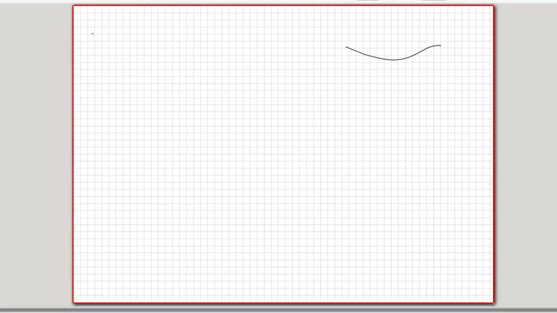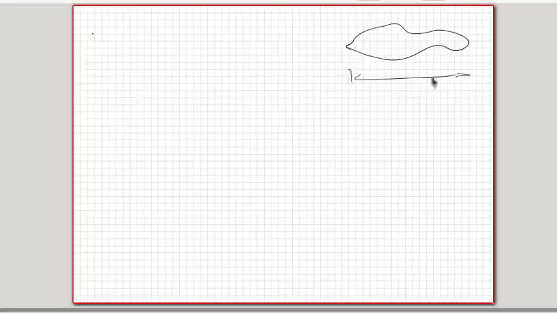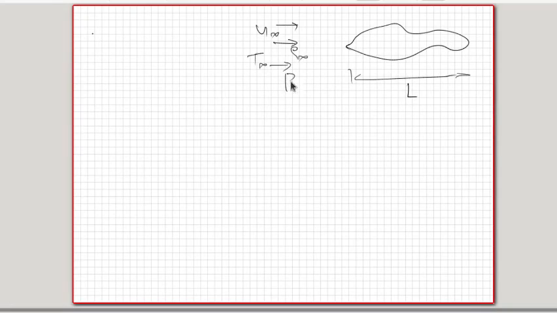So suppose I have some object whose characteristic dimension length is L, and there is a flow that comes in at a velocity u infinity and temperature T infinity and density rho infinity, and pressure P infinity.